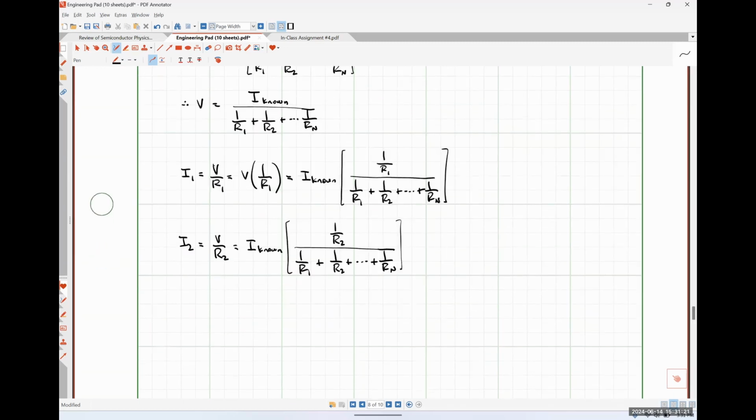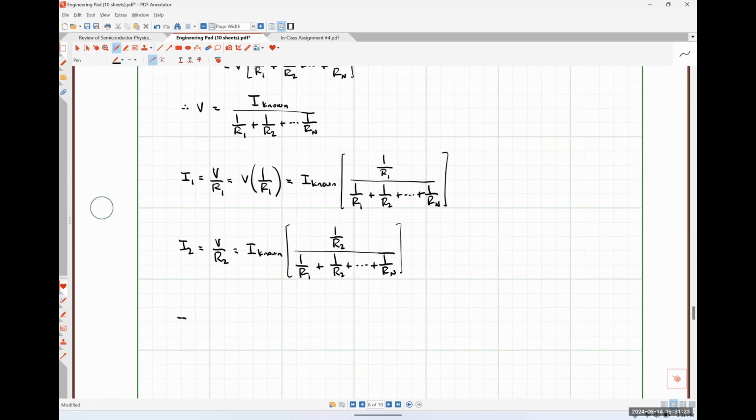Okay. And in general, the current flowing through the kth resistor is simply the known current multiplied by 1 over the resistor that we're interested in divided by the sum of the reciprocals of all of the resistors that are in parallel.